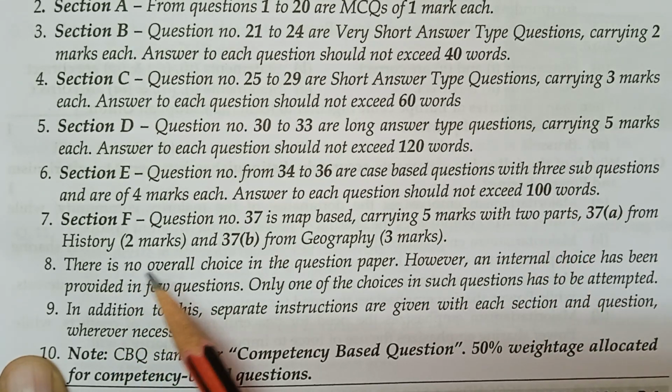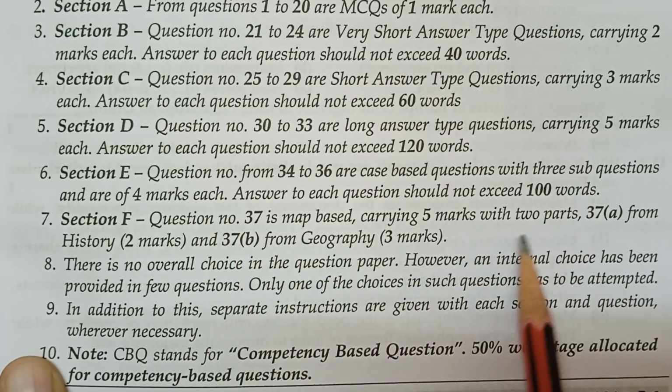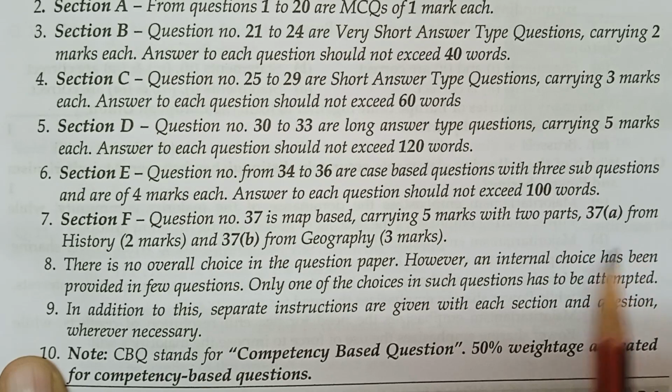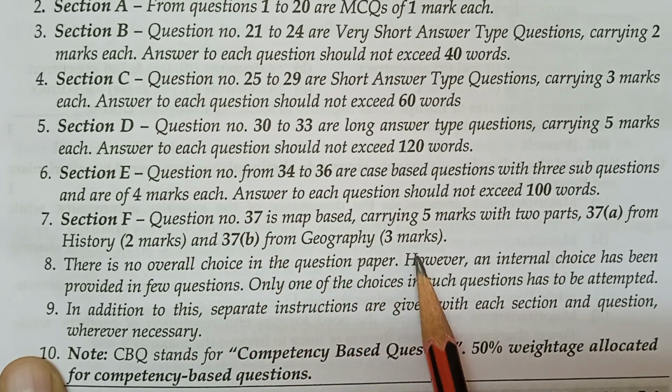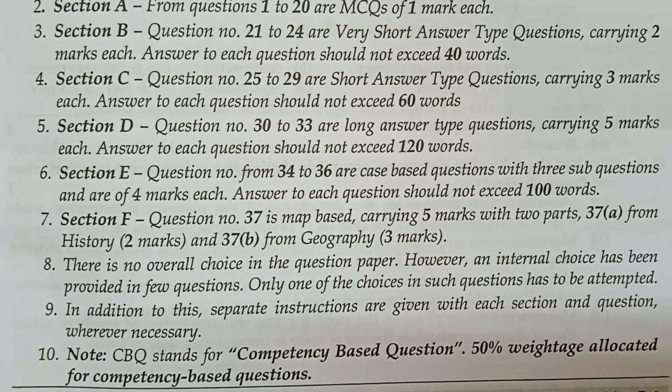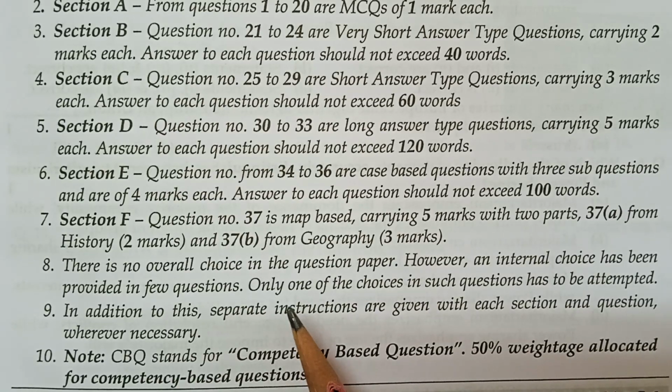Now Section F. Question 37 is map based and carries 5 marks with 2 parts. 37A is from history for 2 marks, and 37B is from geography for 3 marks, which I have already told you: you will get 2 marks from history from the map, and 3 marks from geography for your map work.